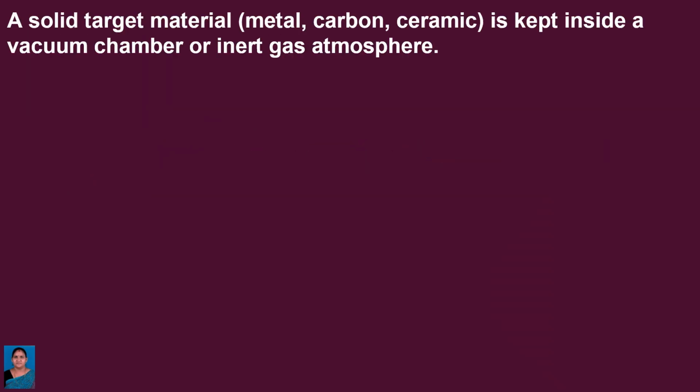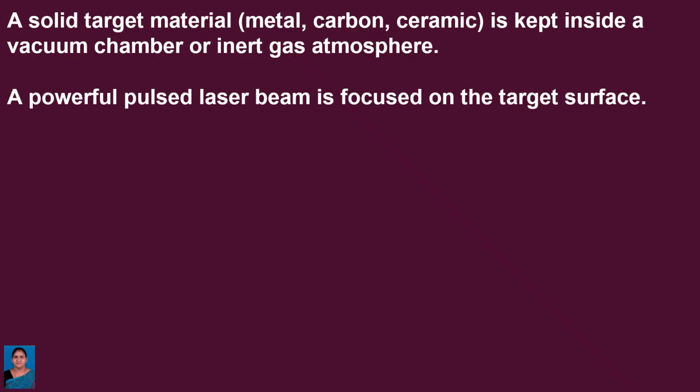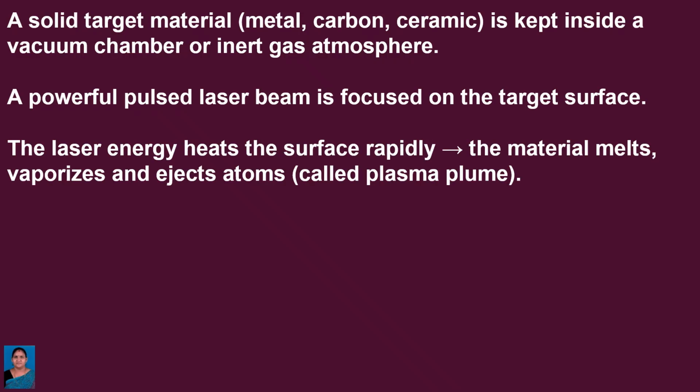Working principle: a solid target material is kept inside a vacuum chamber or inert gas atmosphere. A powerful pulsed laser beam is focused on the target surface. The laser energy heats the surface rapidly. The material melts, vaporizes, and ejects atoms called plasma plume.